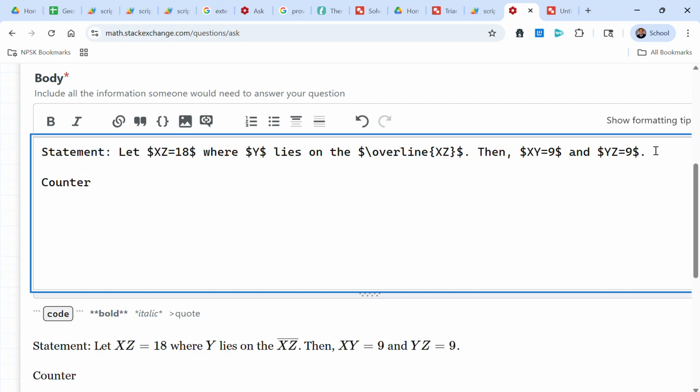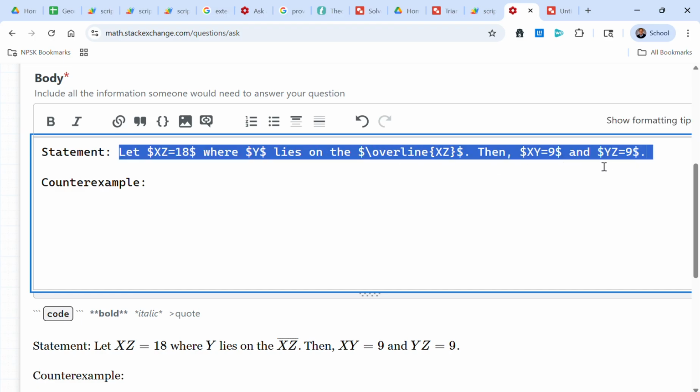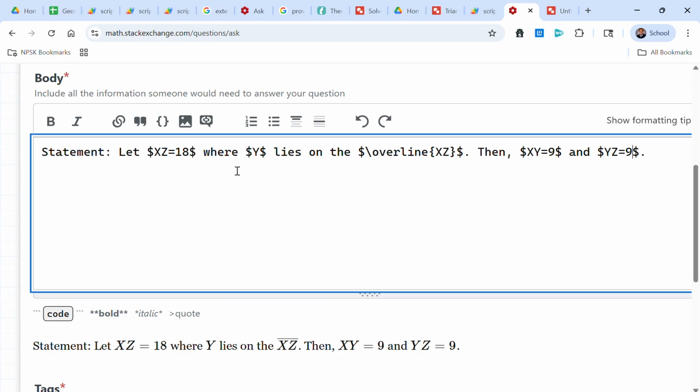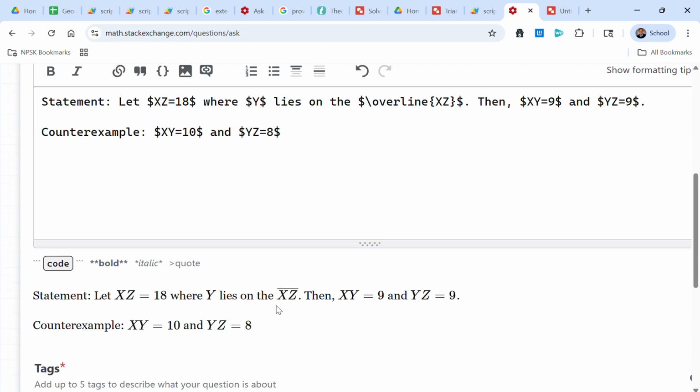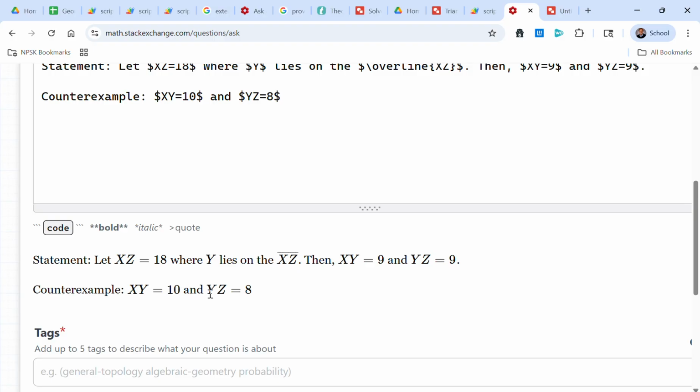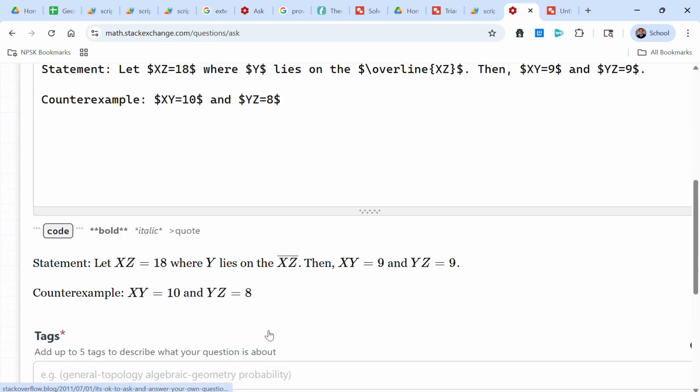The counterexample for this statement would be that xy could be, I don't know, 10 and yz could be 8. So they don't always have to equal 9 because we know 10 plus 8 is 18. That's a very common counterexample. So I hope this helps.